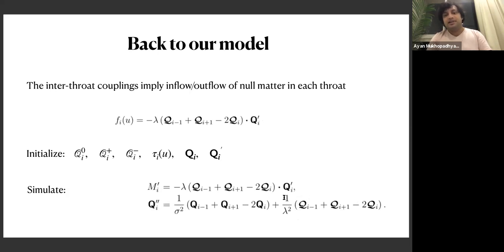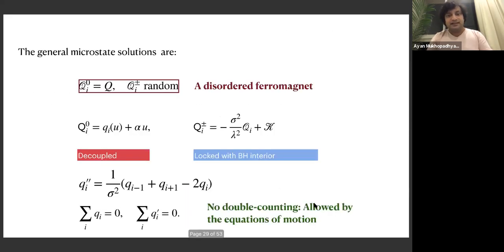On the other hand, there can be another possibility that these Q_I primes vanish. But then to be consistent with this equation, they have to be locked in with the SL2R charges. So essentially the hair can be either locked in with the black hole interior, so that the right-hand side of the second equation vanishes, or they can have these particular components, but then it should be exactly the component aligned with the homogeneous part of the SL2R charges.